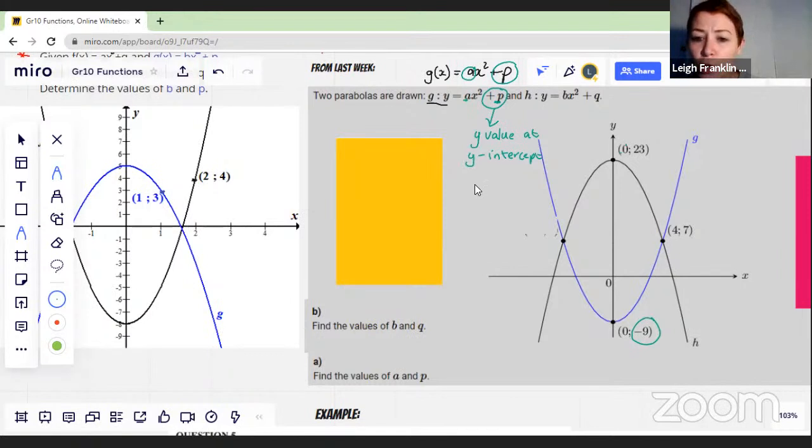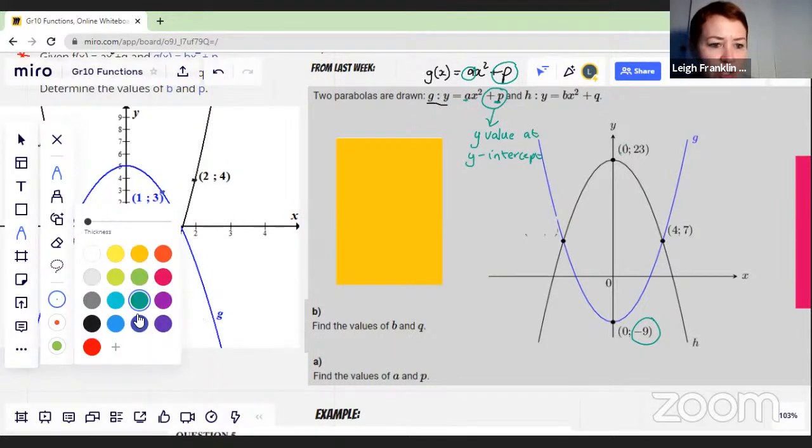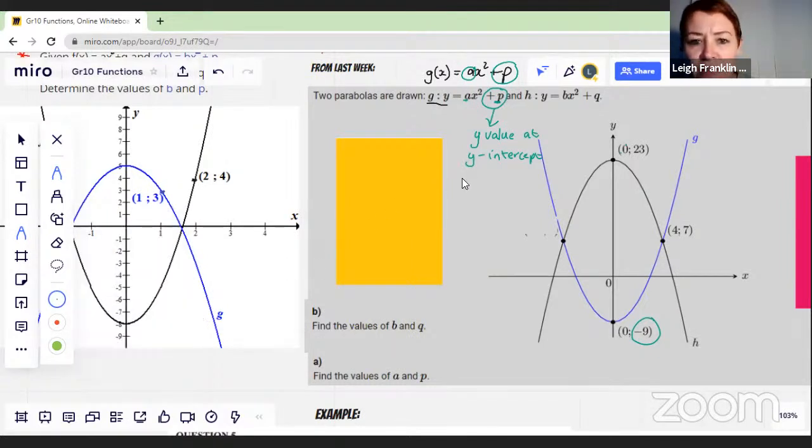So the first thing that we want to do, if we know the value of y at the y-intercept, is put that into our equation. Here, we're going to say that the value of P is -9, and it comes from this -9 over here.